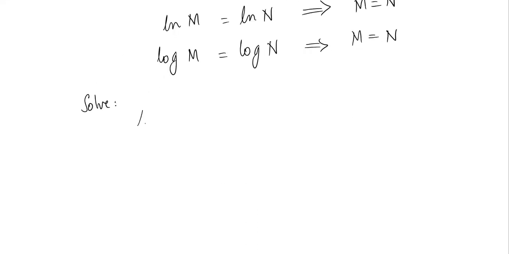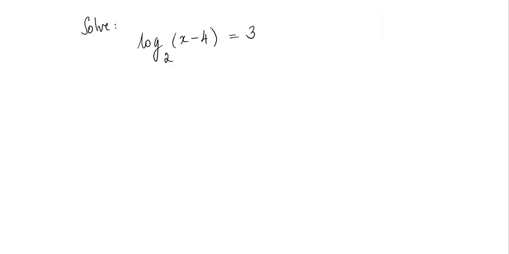Solve log x minus 4 to the base 2 equals 3. You cannot write the other side as a log because you only have log on one side. If you apply log, then you'll have two logs on the left, log x minus 4 to the base 2, that will be meaningless, right?